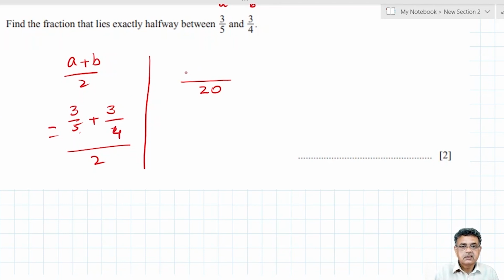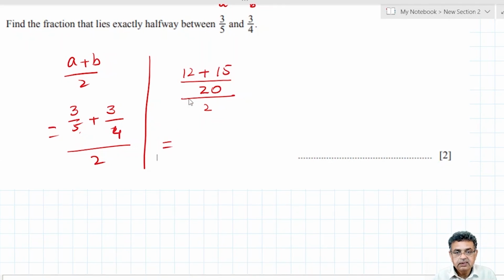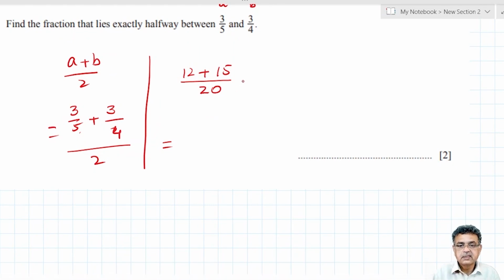So that will be 3 4s are 12 plus 15, divided by 2. Now this division by 2, I will write it this way, that this expression is divided by 2.